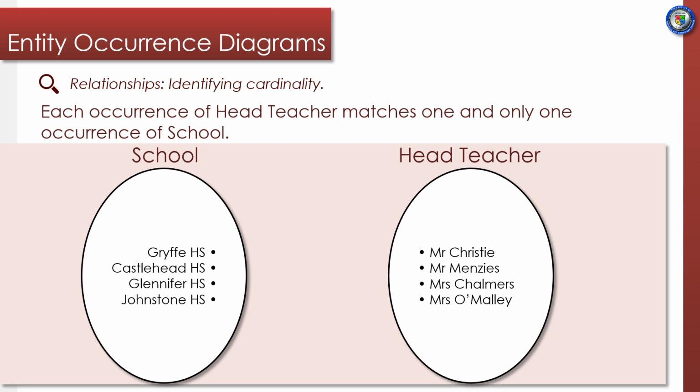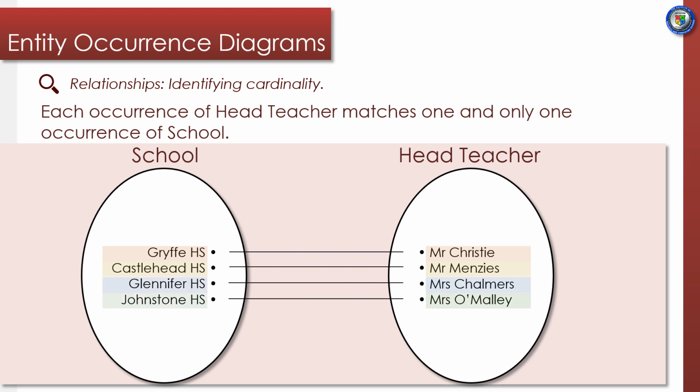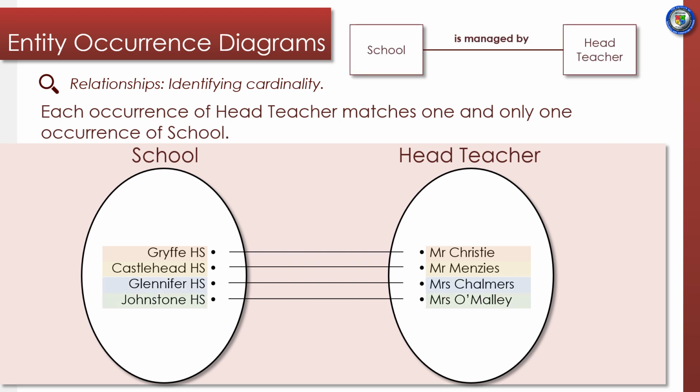Each occurrence of the head teacher entity matches one and only one of the occurrence of the school entity. Each school is managed by one head teacher, and one head teacher manages one and only one school.